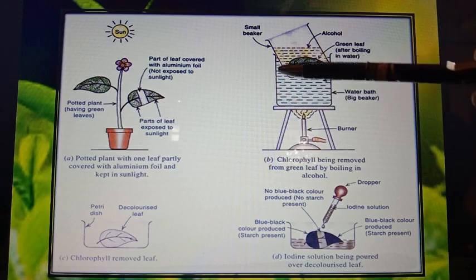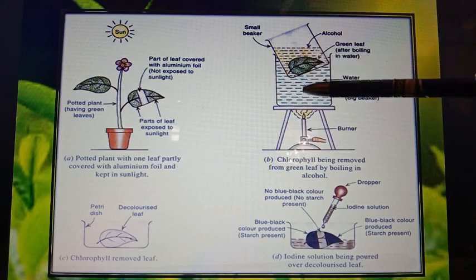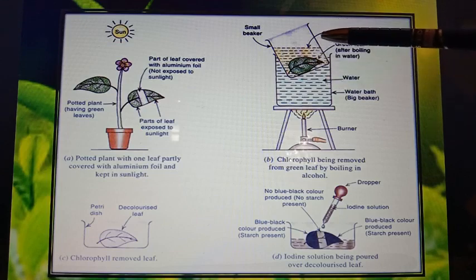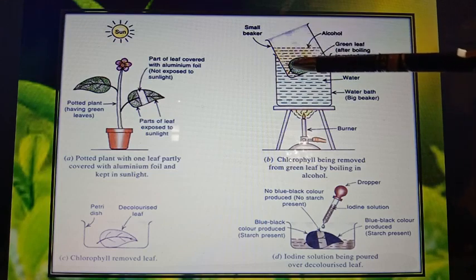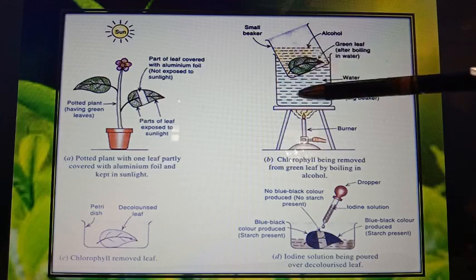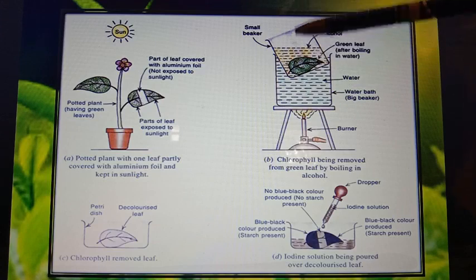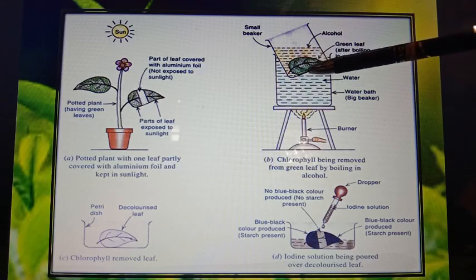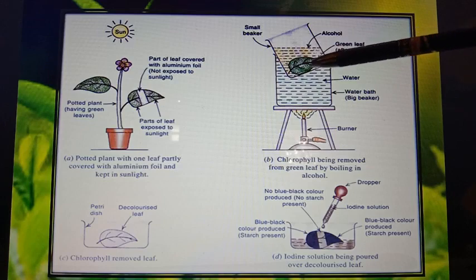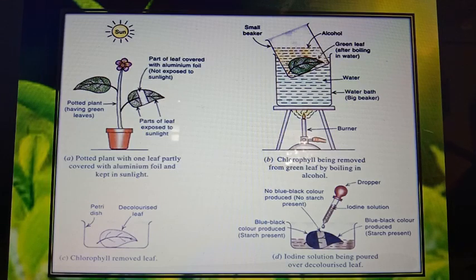Then you have to heat that water, and after that you have to put an alcohol filled glass beaker or test tube in that water filled beaker. Then put the experimental leaf in that alcohol filled beaker or test tube and let it boil till the chlorophyll is removed from the leaf and the alcohol turns green in color.